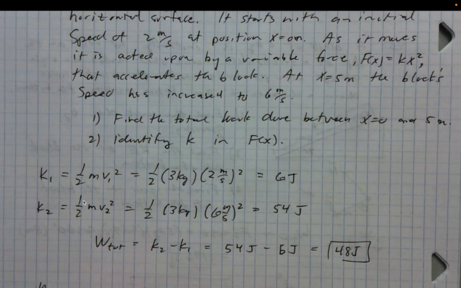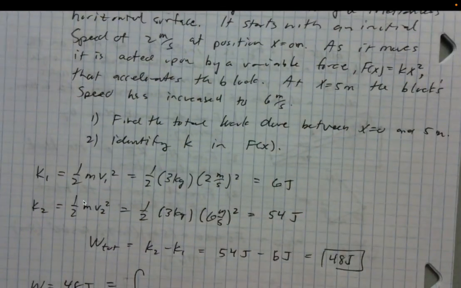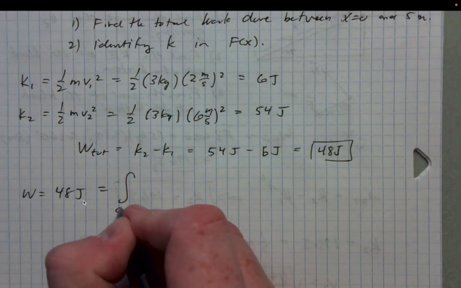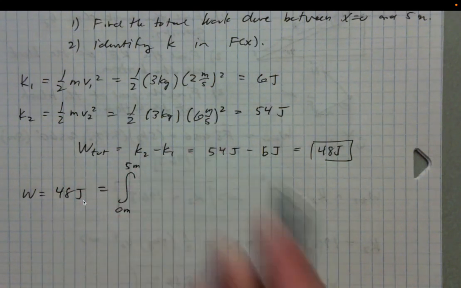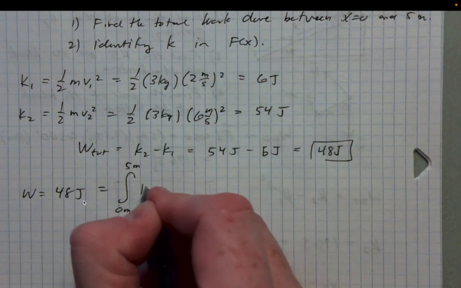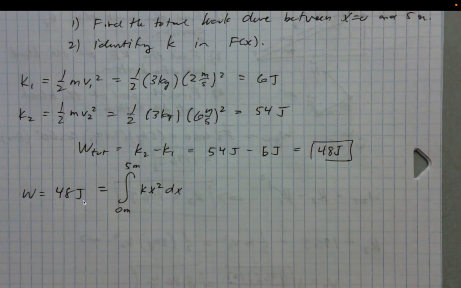So we're going to say work is equal to, in this case, 48 joules. Now there's an integral here, right? So it's the integral of F dx over the displacement. So the displacement is from 0 meters up to 5 meters, and the force function is kx squared, and then we need to integrate that with respect to the displacement, and we'll call that dx.